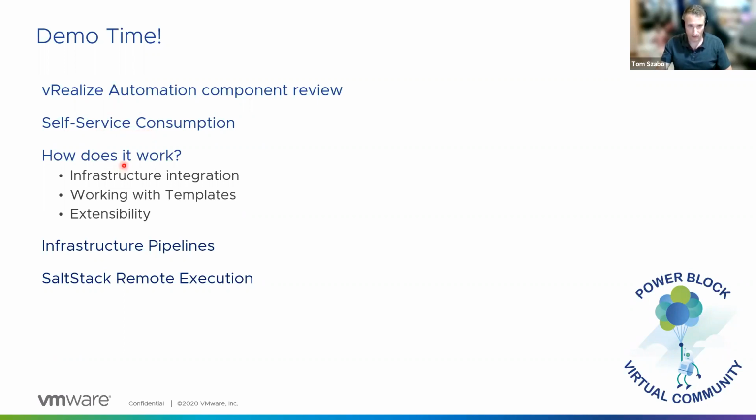Then we'll pull back the covers a little bit, talk about how it works, how you set it up, working with some templates, touch on extensibility, and touch on being able to create potentially an infrastructure pipeline, to take it beyond templates. Then we'll also talk about SaltStack, which was a recent acquisition of ours, and what it brings to the table and what it can do, as long as we have enough time here today.